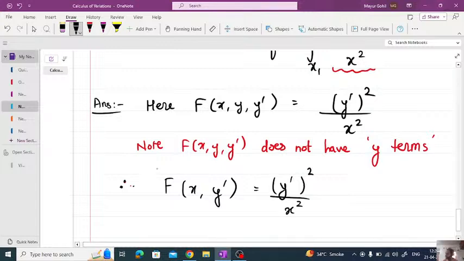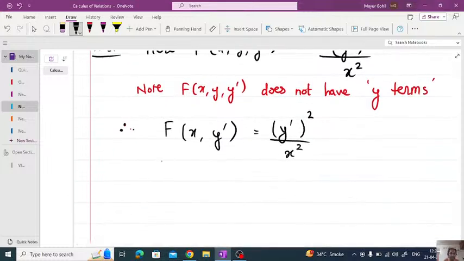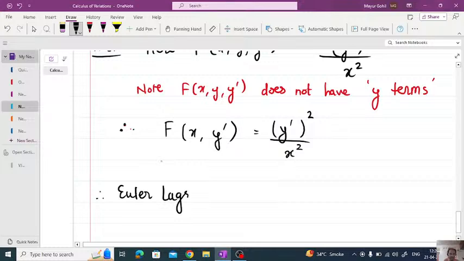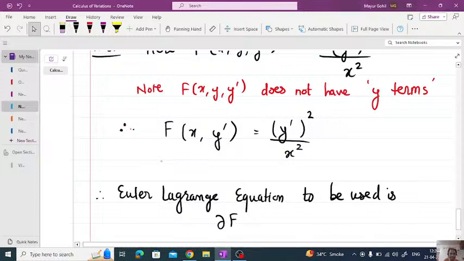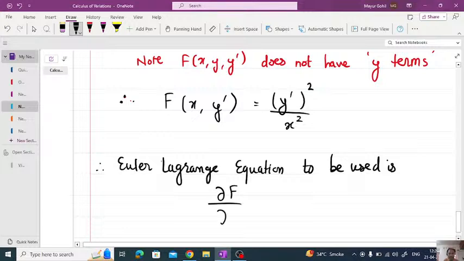Therefore, the Euler-Lagrange equation to be used is the partial derivative of f with respect to y dash equal to c. This is the format of the equation we are going to use.